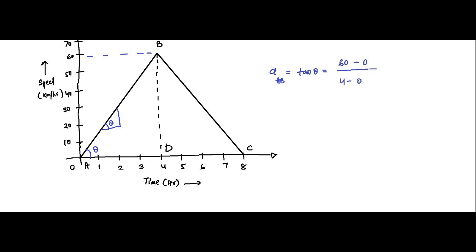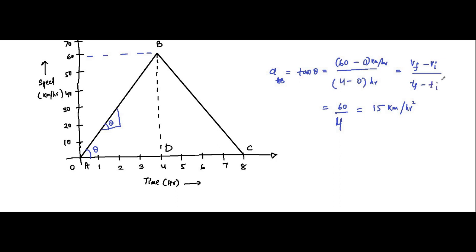This is kilometer per hour, this is hour. So it is basically 60 by 4, which is equal to 15 kilometers per hour square. So it is nothing but final velocity minus initial velocity over final time minus initial time.